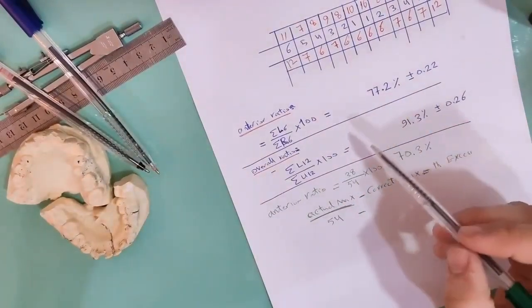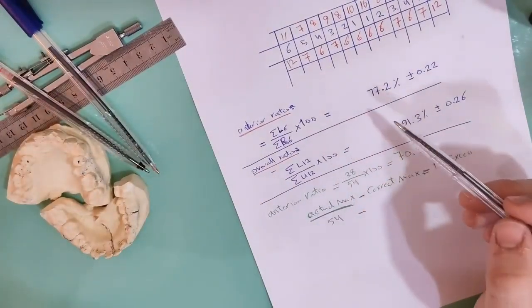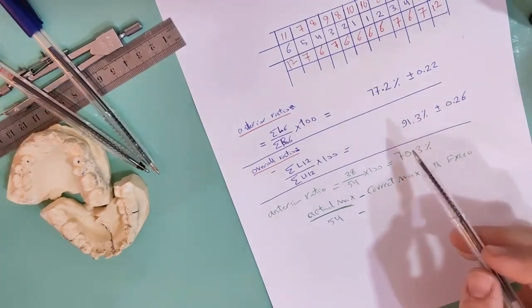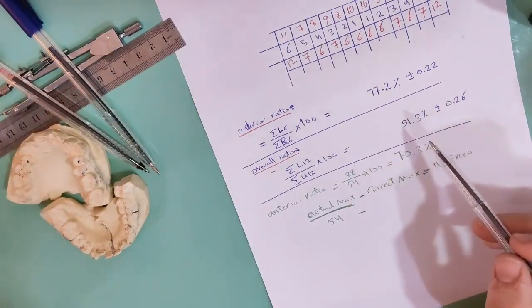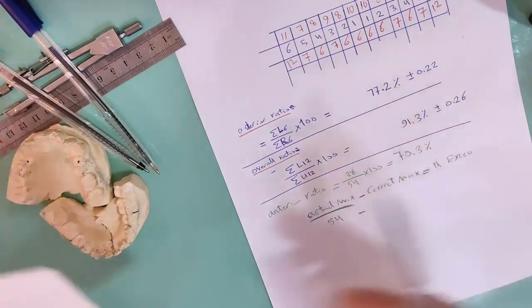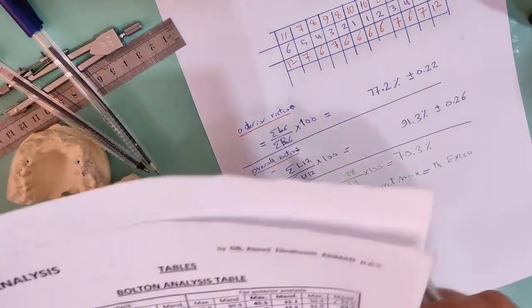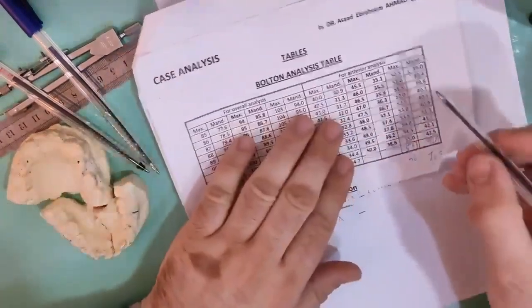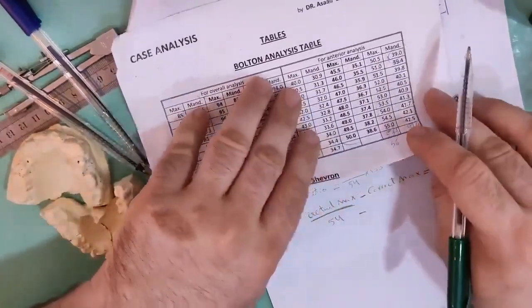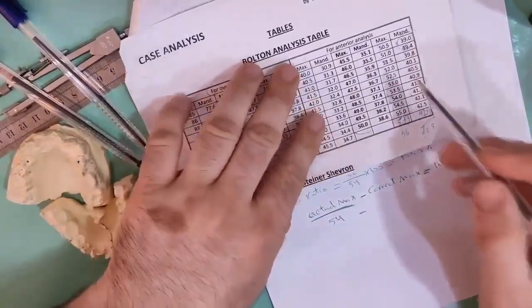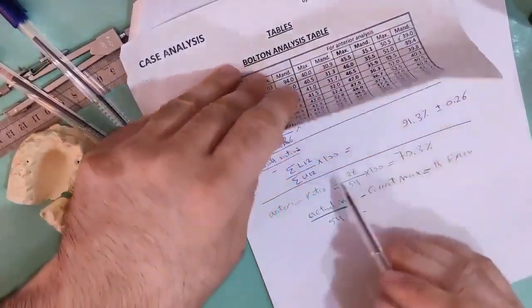Since we know the problem is in the maxilla, we assume the mandible is in the correct position, so we look for the right maxilla number according to this table.